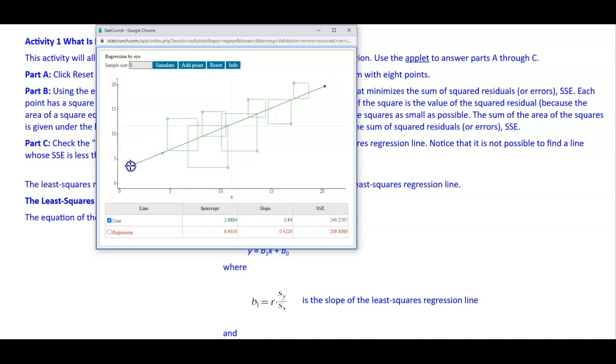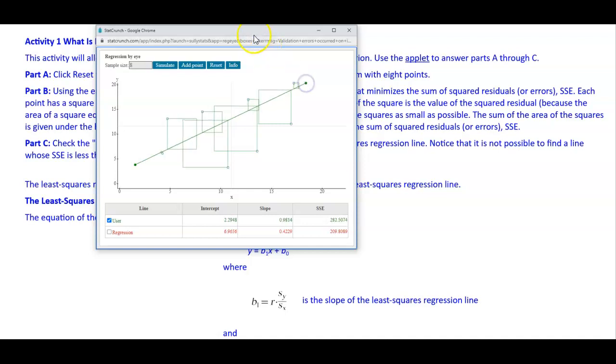Okay, let's make it the best fit. And I want you to pay close attention to what's happening with the value in the lower right corner, the SSE here. So if we take this line to find the best fit, I'm going to make it go through this point and maybe make it go through that point right there. You see the sum of the squares.